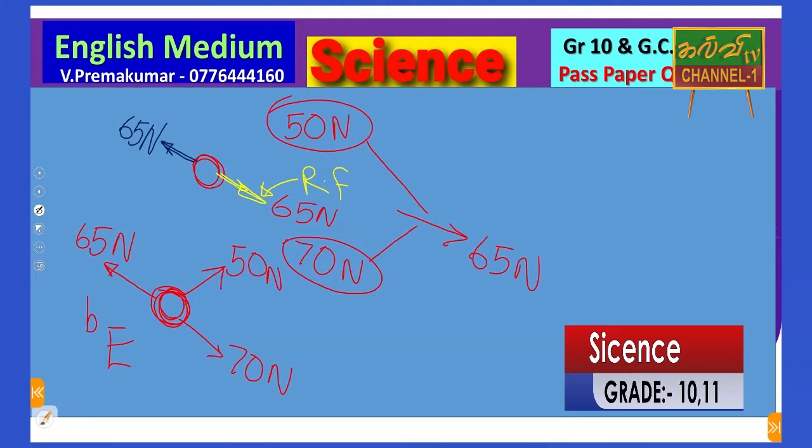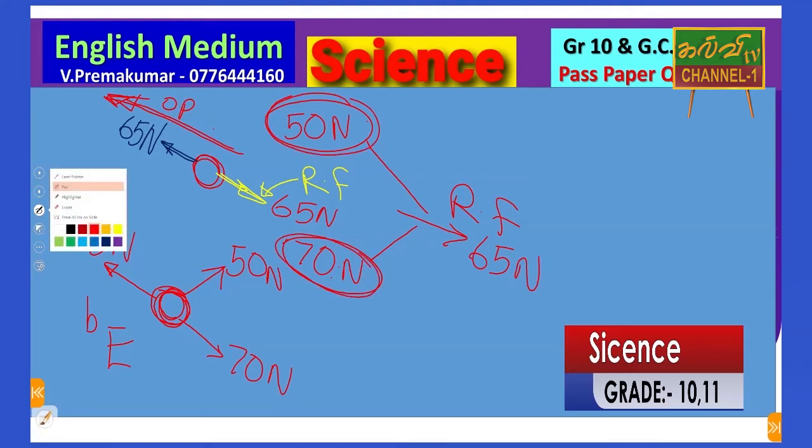Now this is the resultant force. But fortunately they have given a force in the opposite direction to the resultant force of that 50 and 70. Opposite side, very important, not the same side, opposite side of the other two forces. So the resultant force of 50 and 70 is 65.